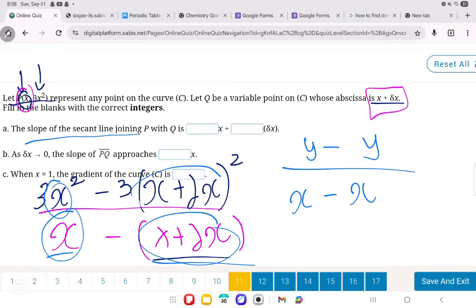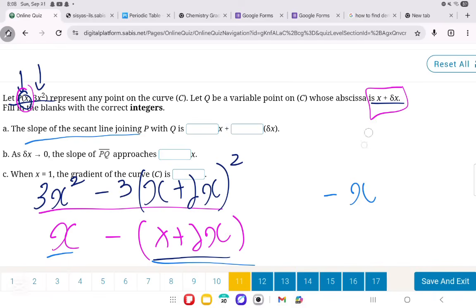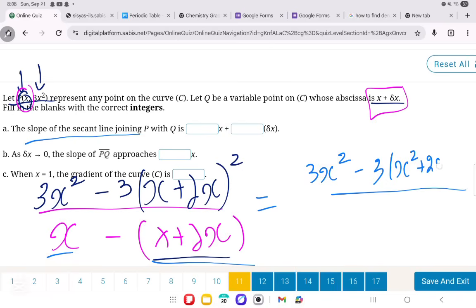So now, let us solve it. We're going to get 3x squared minus 3 times (x squared plus 2x delta x plus delta x squared) over x minus (x plus delta x).